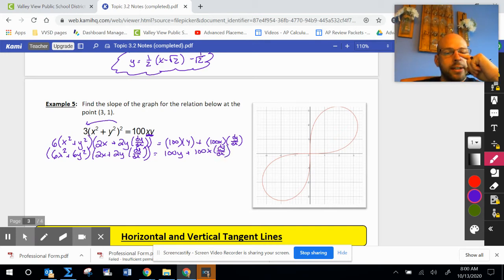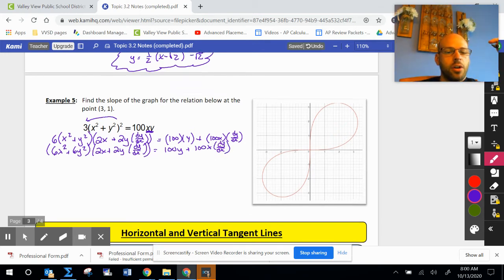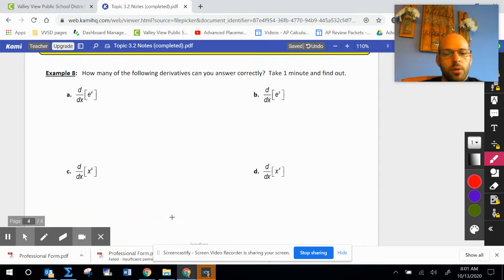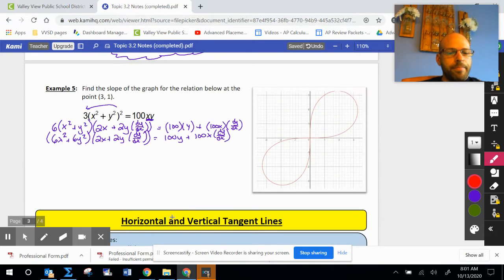Now our goal is to find dy dx here, to find the slope. So they gave me a point. So rather than try to simplify this, let's plug this point in to see what I get. Whoa, sorry about that, guys.